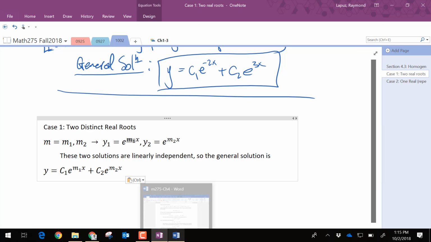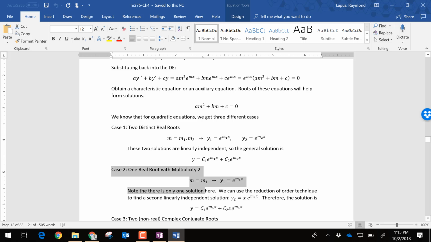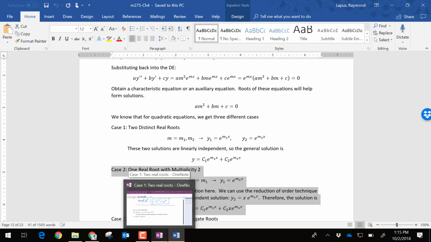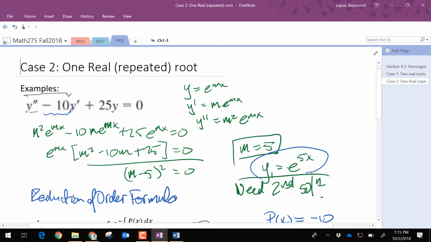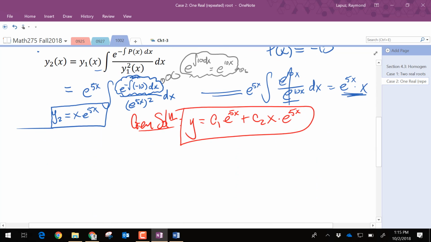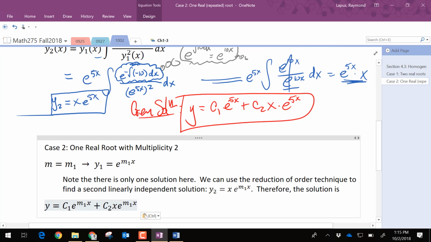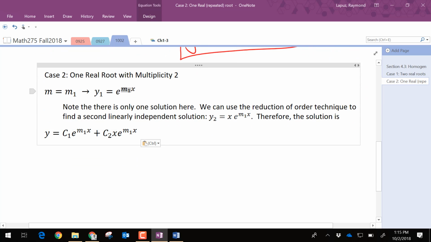And for the second case, regardless of what your e to the mx is going to equal, the reduction of order will always come up with an x. So if you have a repeated root, you have one real solution, then your general solution for your differential equation would be e to that solution times x plus c2 times x times e to that solution times x.